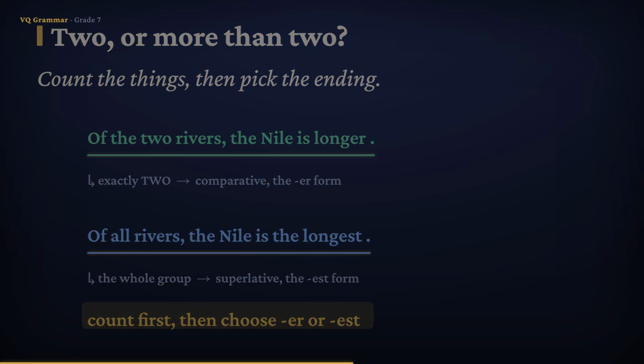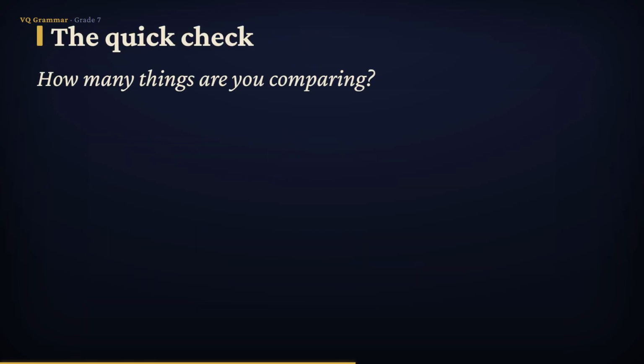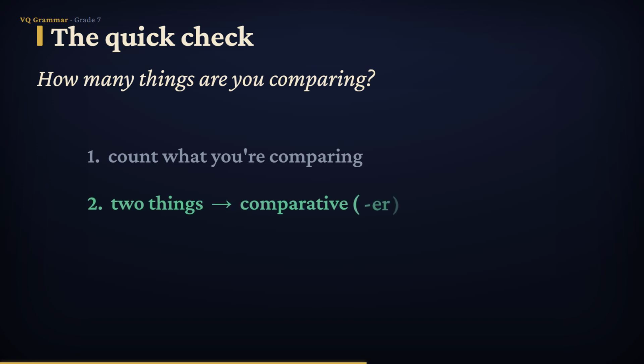Count, then choose. Let's boil the whole lesson down to a quick check you can run on any comparison. Step 1. Count what you're comparing. Step 2. If it's exactly 2 things, use the comparative, the ER form. Step 3.